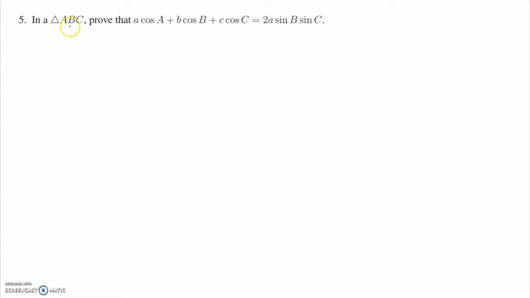So, we have a triangle ABC. Now, using the sine formula, we can say a by sin A is equal to b by sin B is equal to c by sin C is equal to k, some k.